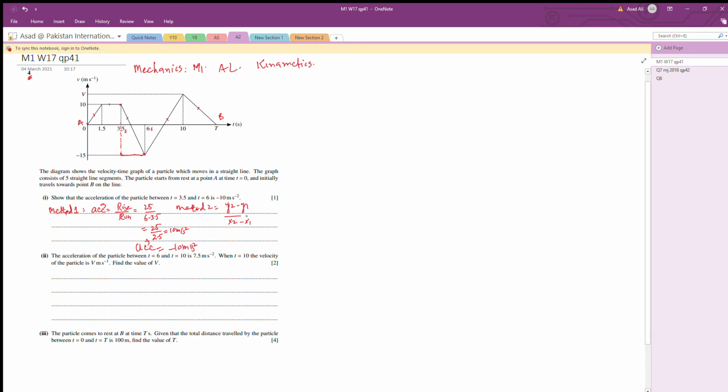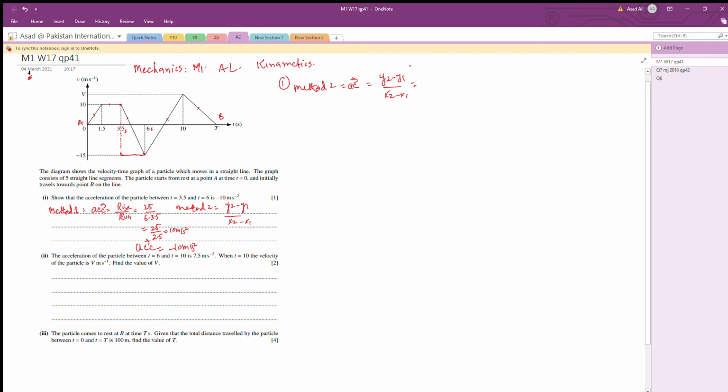Now method 2 for the first part. Acceleration is y2 minus y1 over x2 minus x1.